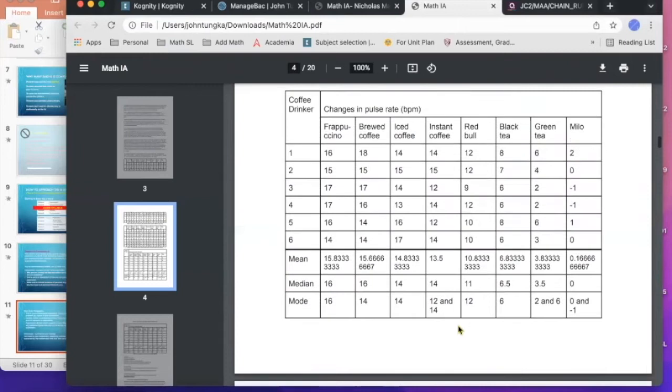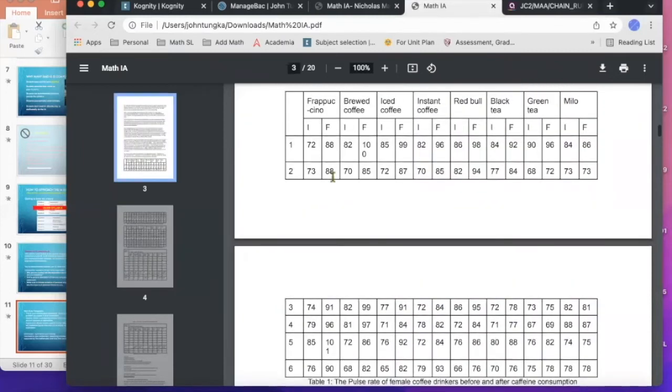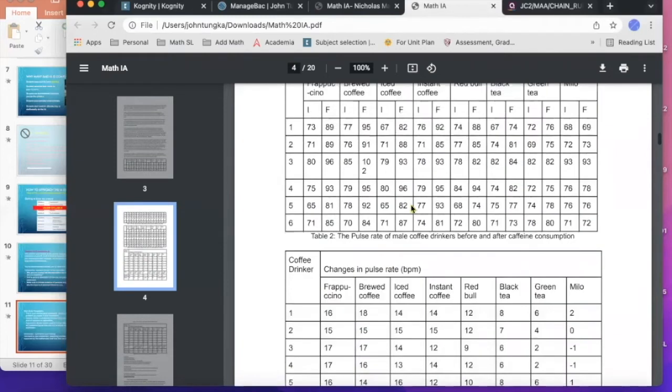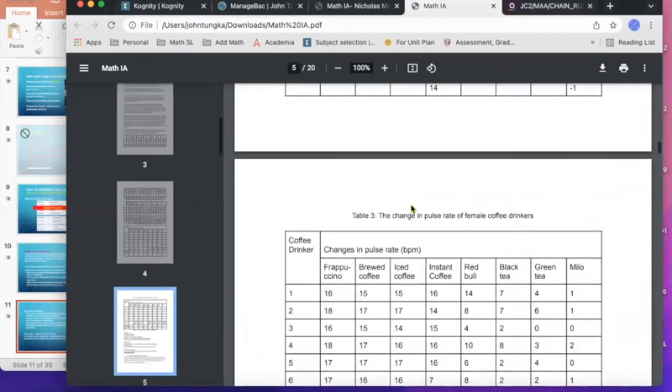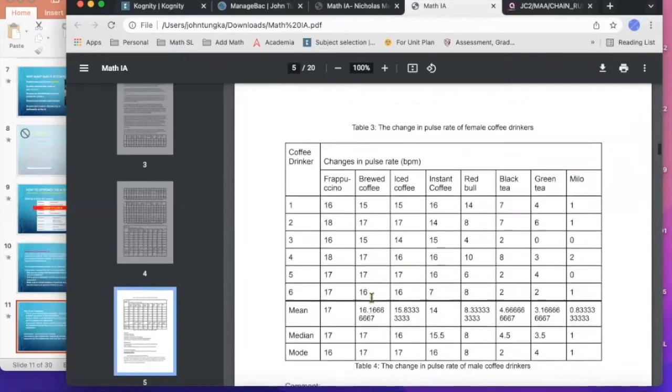Okay, right. So again, let me reword my question. How do you get 16? Is it from 88 minus 72? If we go back again to table number... sorry.